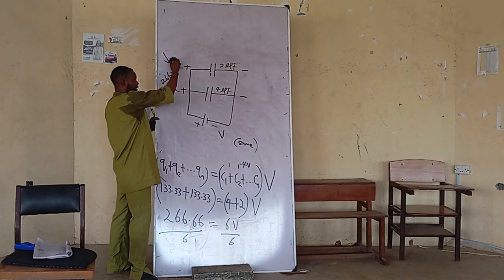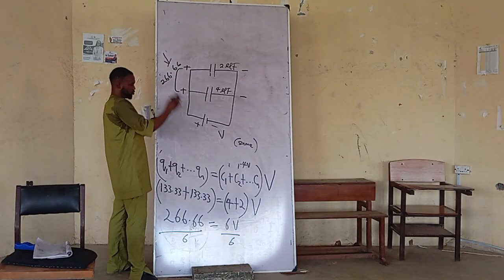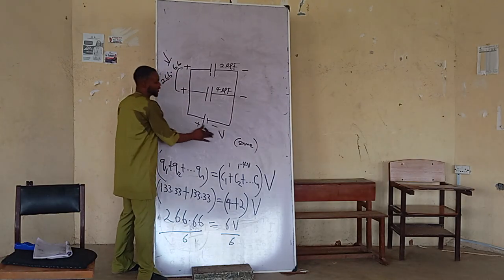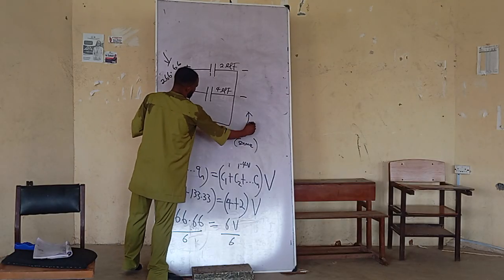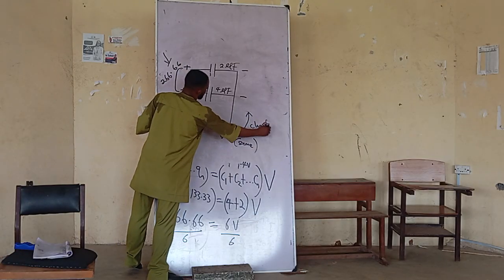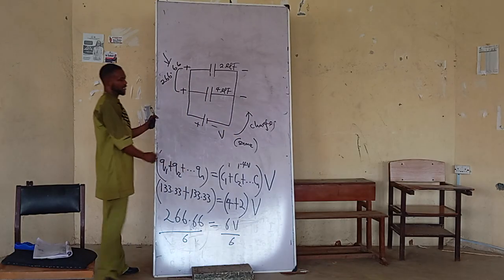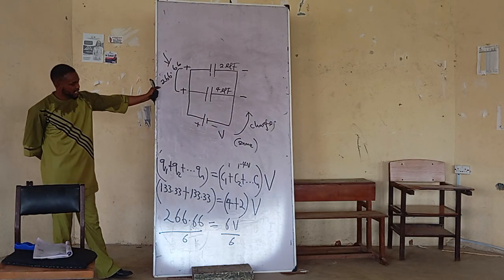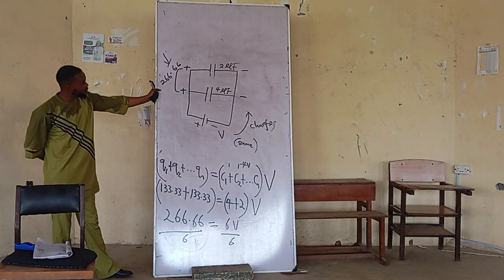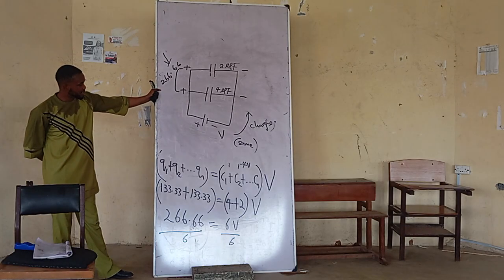This comes in to get you what voltage is actually here, and this voltage powers, charges your capacitor. I don't know if I've done justice to it, but as I'm talking, I'm still thinking of another way to put it so you understand it.